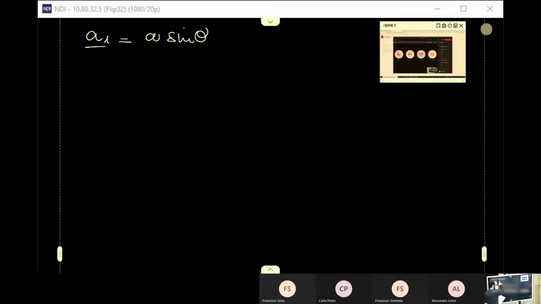Sorry, here we missed a part, so we cannot write it here. This is the intensity, the modulo of the vector, but then we have to add a direction, since here we have a vector. So it has to be a vector quantity. So let's try to find out how to express this direction of the vector A1.